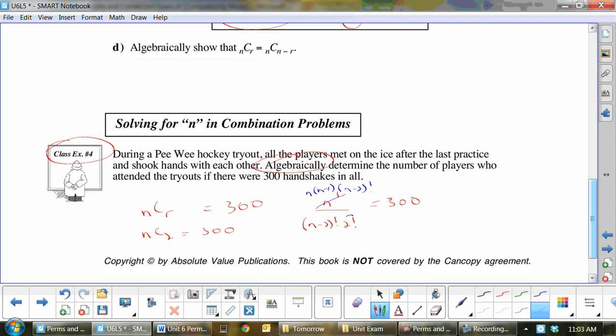This 2, what's 2 factorial? 2, can you just go up there, right? Whenever you have things in ratio to each other, so these cancel, so I'd have n times n minus 1 equals 600. Yes. I counted down. Remember, n factorial is the same thing as n times n minus 1 and so on. Okay? So then I have n squared minus n minus 600 equals 0.